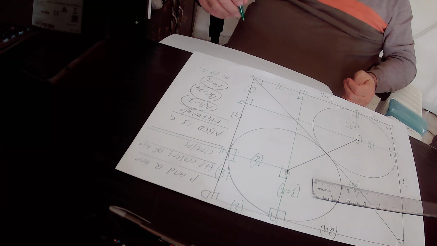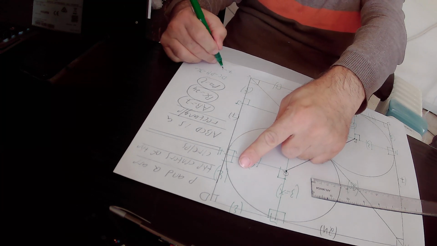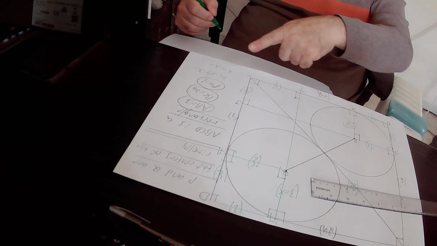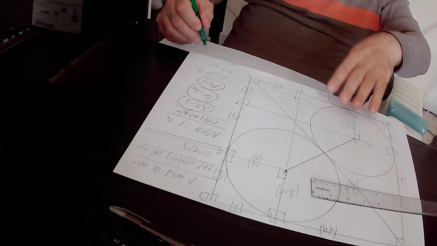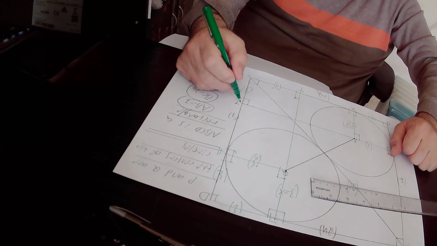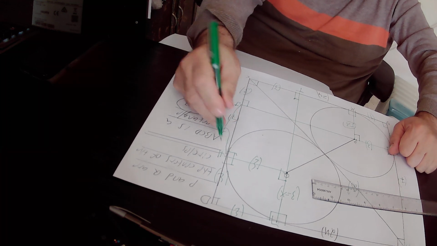So DC is 7, minus DH, that is 3, minus JC, that is also 3. So 7 minus 3 minus 3 is 1. So we found out that this missing side, HJ, is equal to 1 unit in its length.